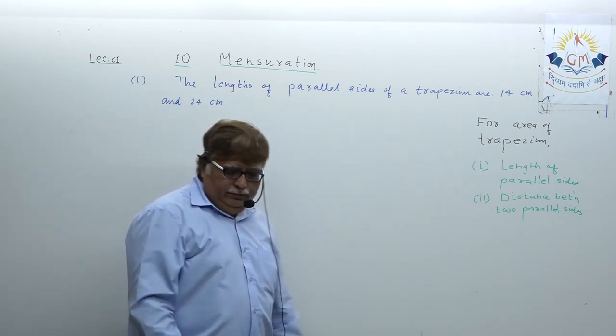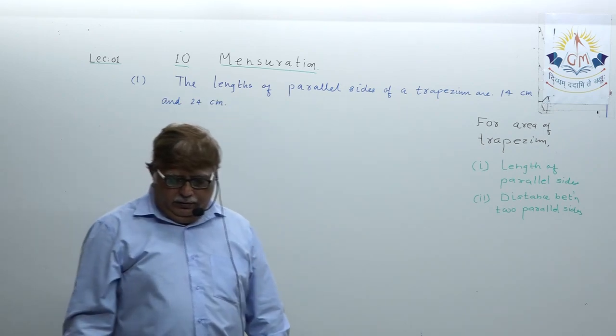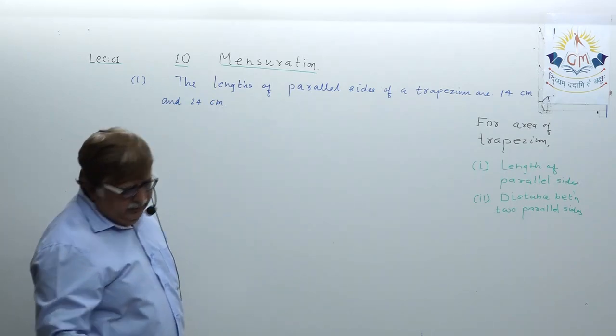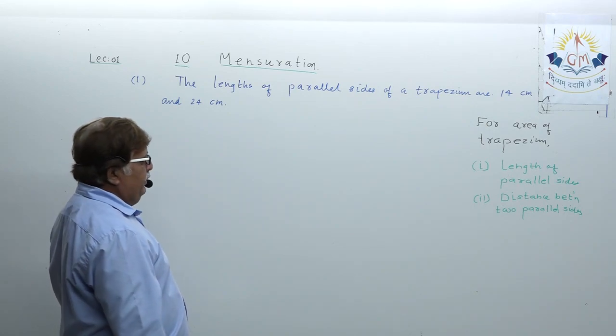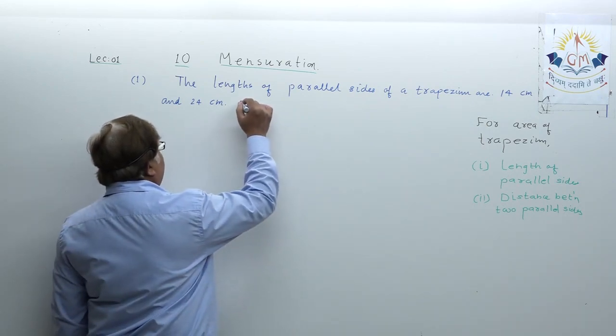The length of parallel sides of a trapezium are 14 centimeter and 24 centimeter.